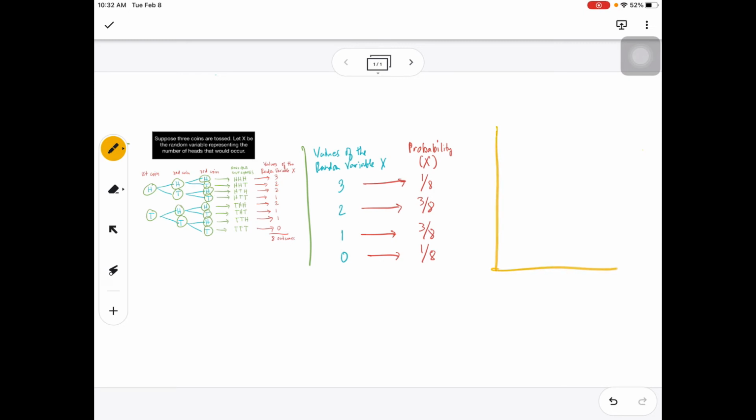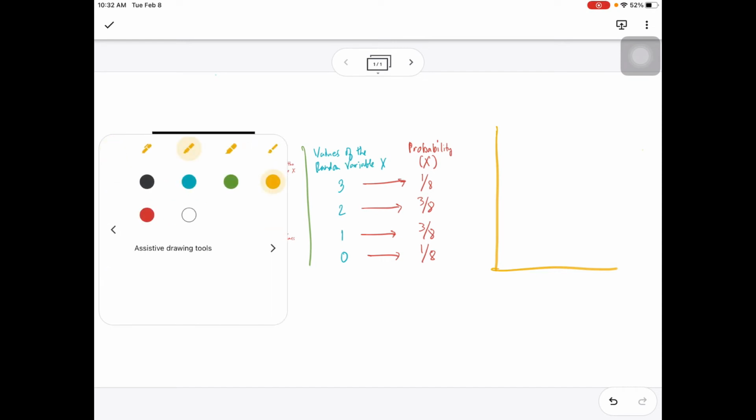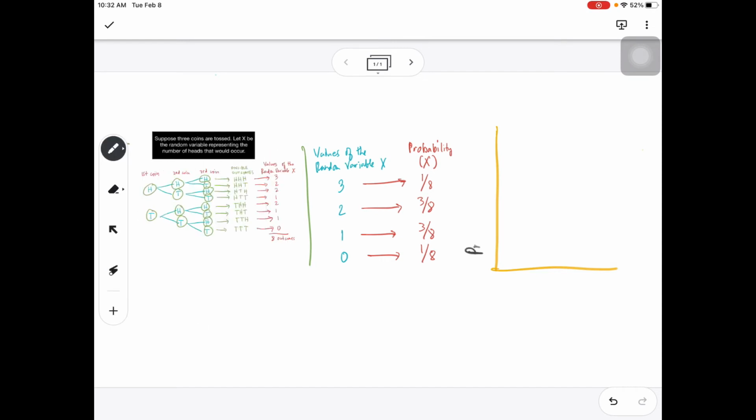We have here our y-axis representing the probability, and we have here our random variable x, which is the number of heads.